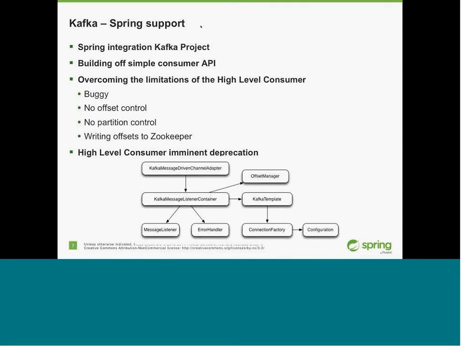In terms of Spring support, Spring integrates with Kafka through the Spring Integration Kafka project, which is part of the larger Spring Integration family. It's basically building the enterprise integration patterns and integrating them with various technologies.